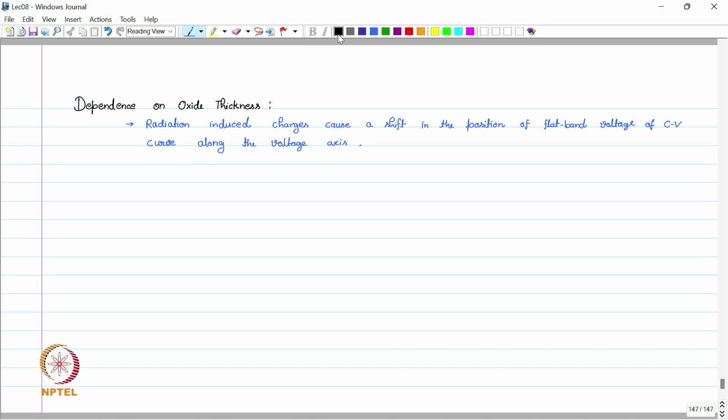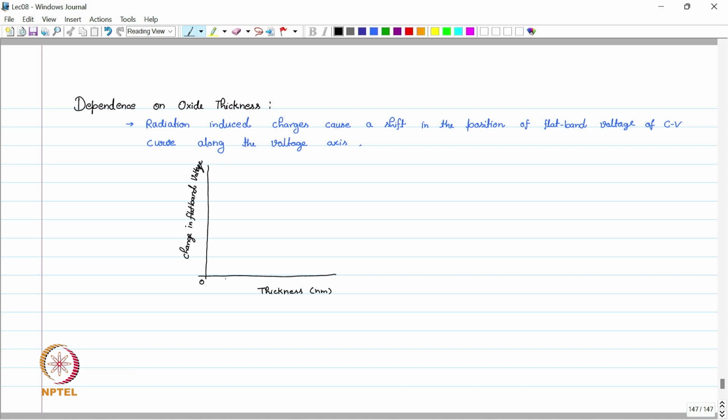So if we plot a typical change in the flat band voltage versus the thickness, let's say on the y-axis I plot the change in flat band voltage, and on the x-axis I have the thickness of the gate oxide, typically in nanometer.